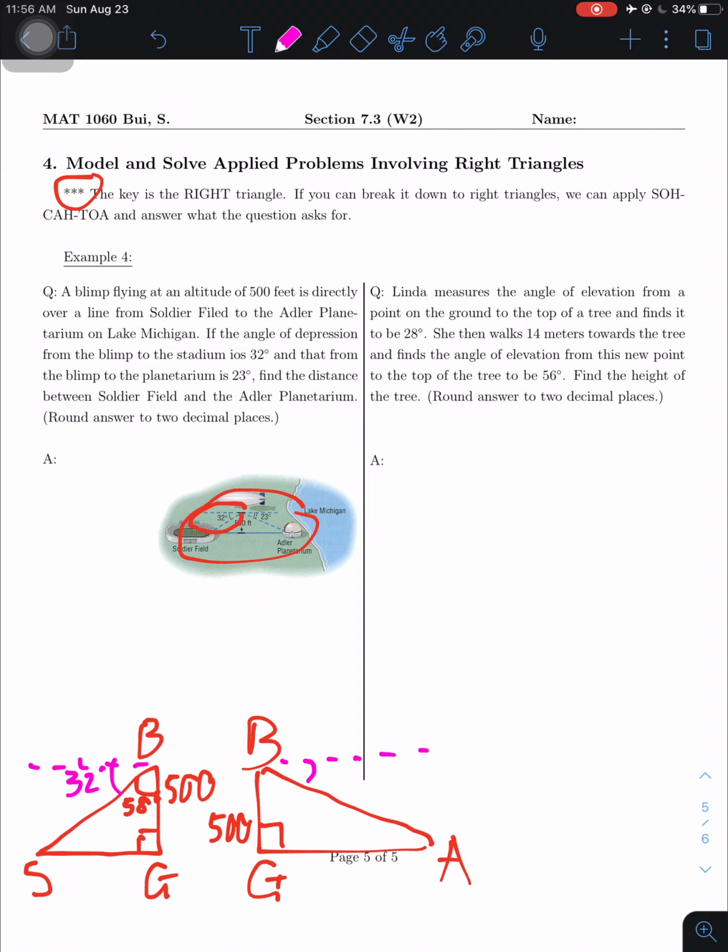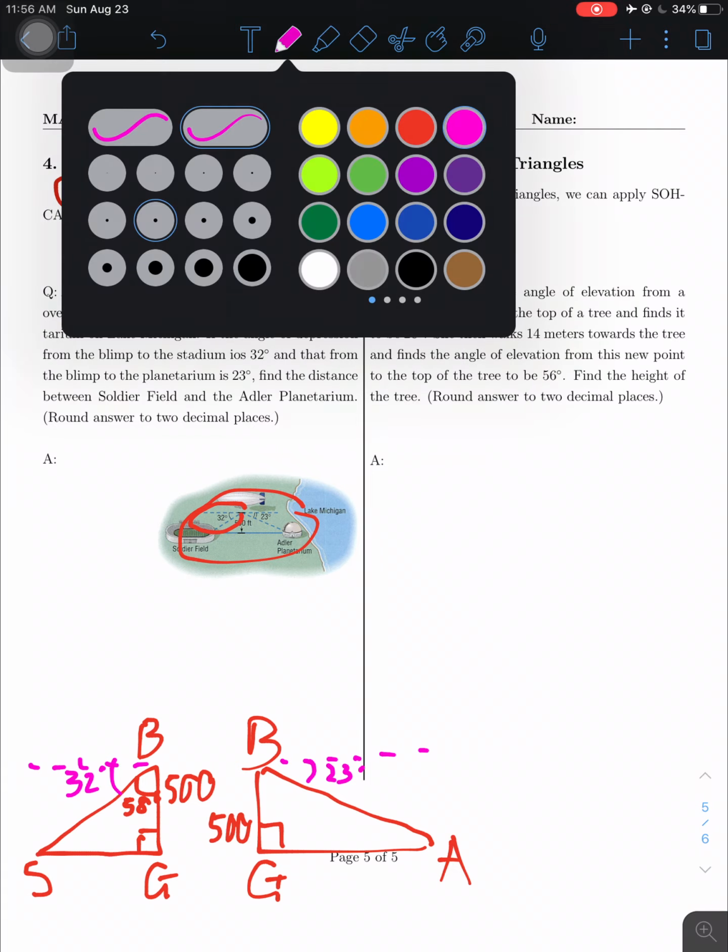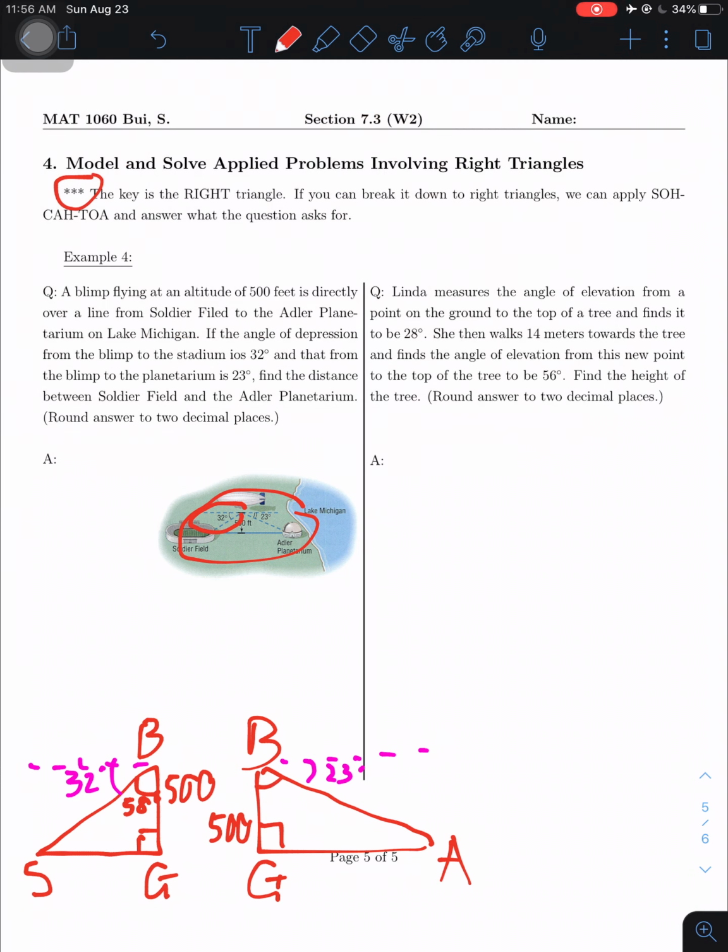And similar things in here, we have 23 outside, so on the inside we're going to get 90 minus 23, which is 67 on the inside. Then this angle in here, how can we do that?